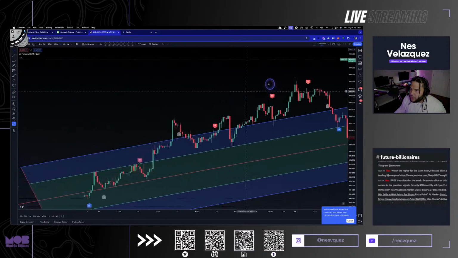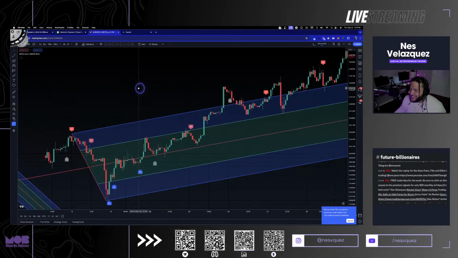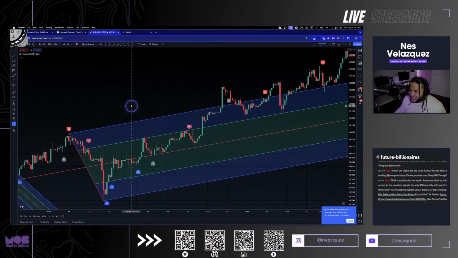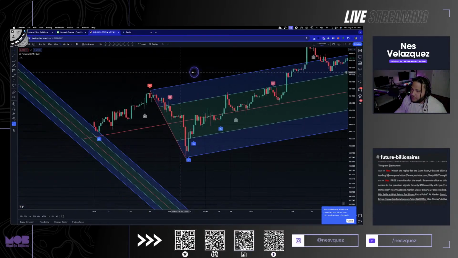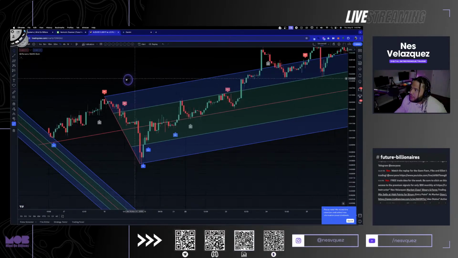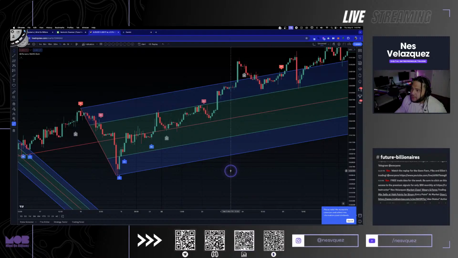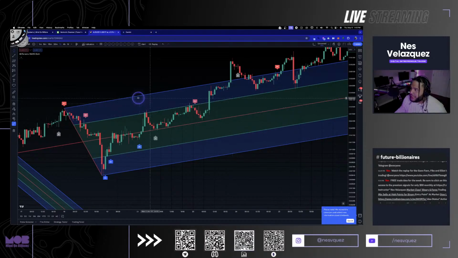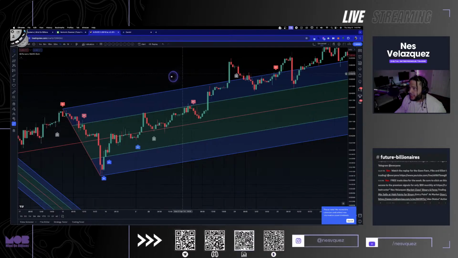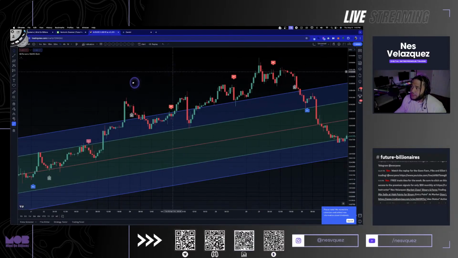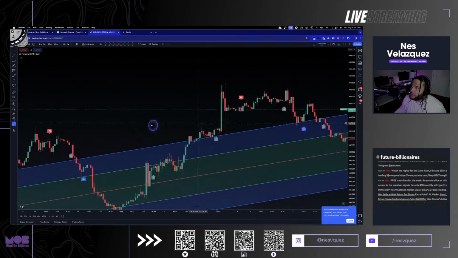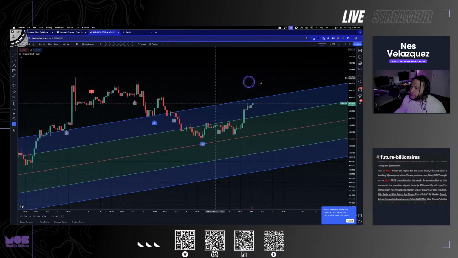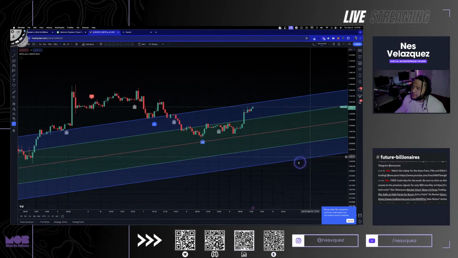But yeah, you can utilize this to identify different candlestick patterns. And as you can see, the most common ones that appear are dojis and engulfing ones. Which is cool. This is great.